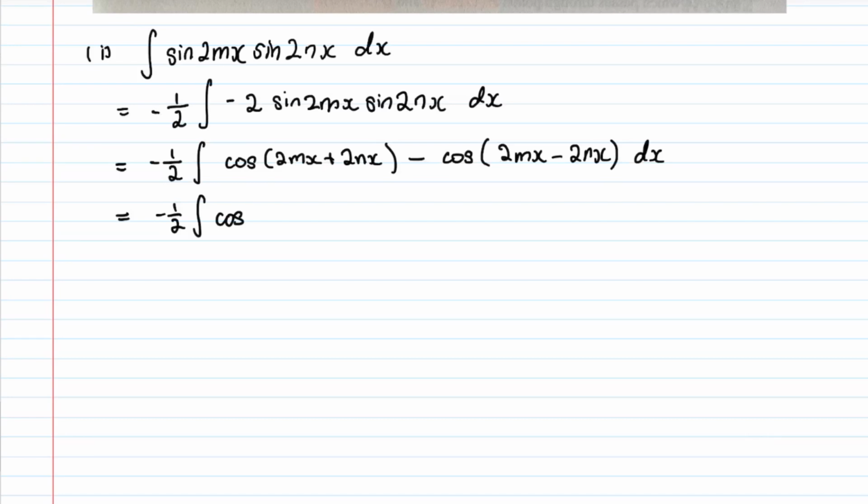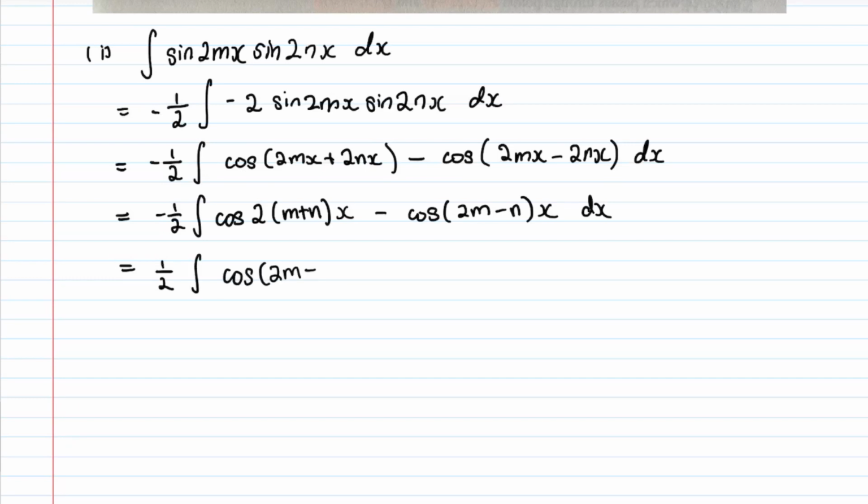So what you will get is cosine 2 times m plus n x over here minus cosine 2 times m minus n x dx. Then we can get rid of the negative as well. So it will be equal to half integrate cosine 2m minus n x.